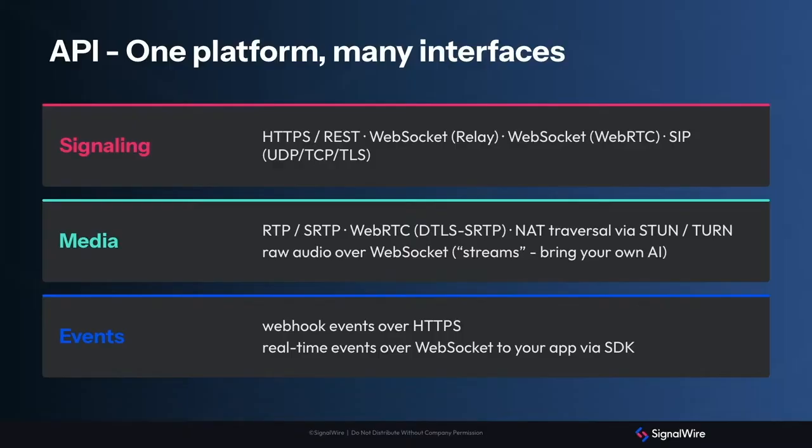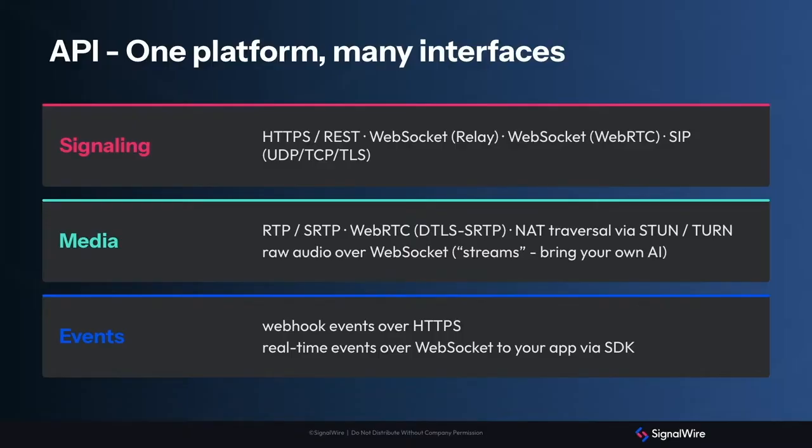The WebRTC client works over WebSocket again with a proprietary protocol that is abstracted by the SDK, and of course SIP over different transports. For media, obviously RTP and SRTP, and DTLS-SRTP for WebRTC, and when needed, there's NAT traversal with TURN.